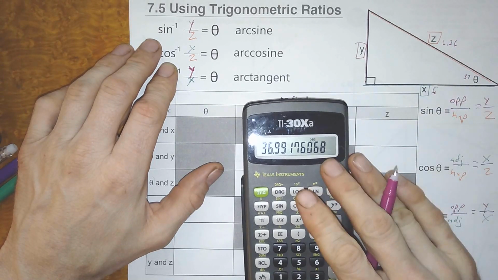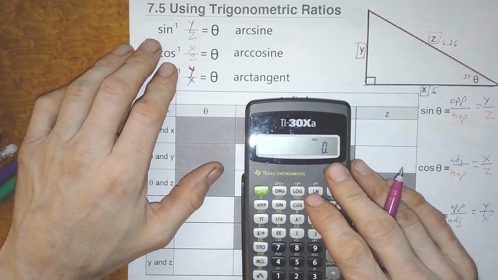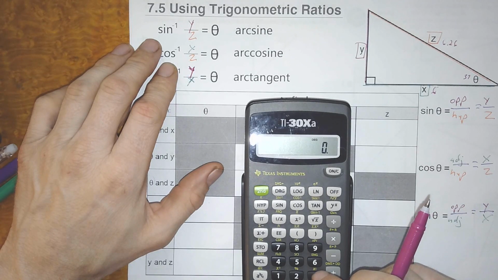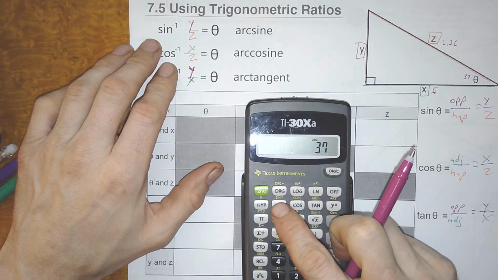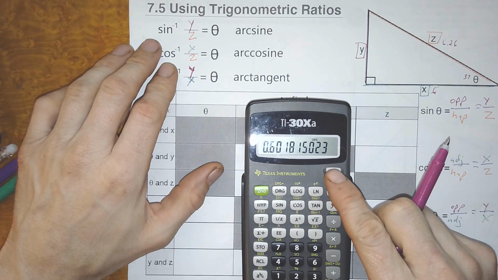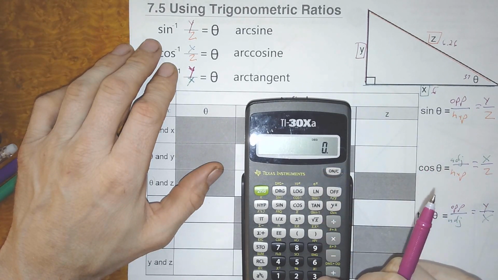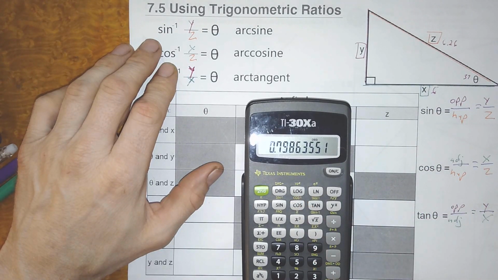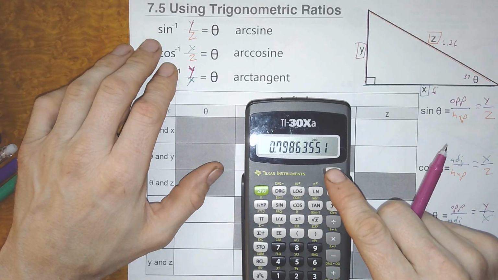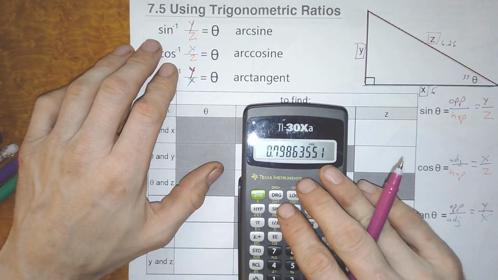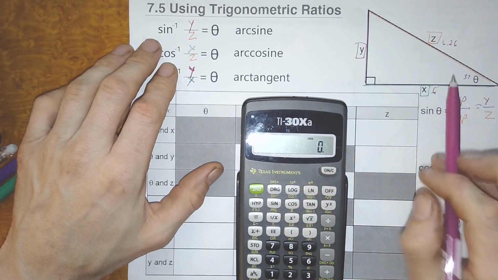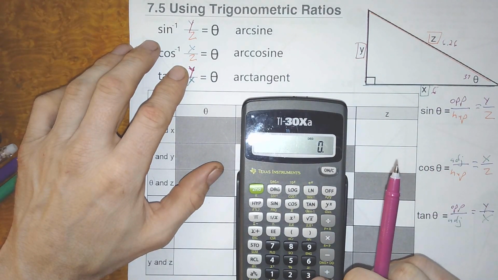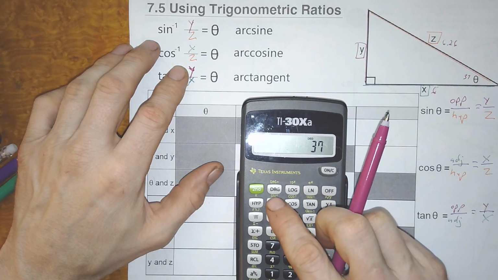So if I wanted to figure out what the sine was, I have the hypotenuse now, so I want to go 37 sine.